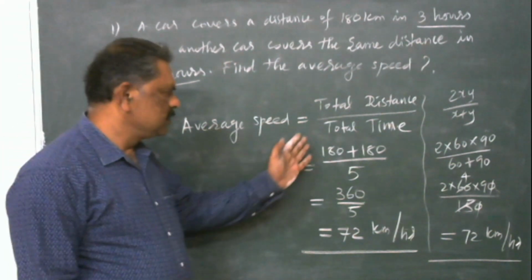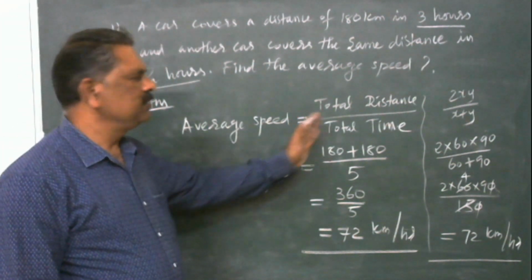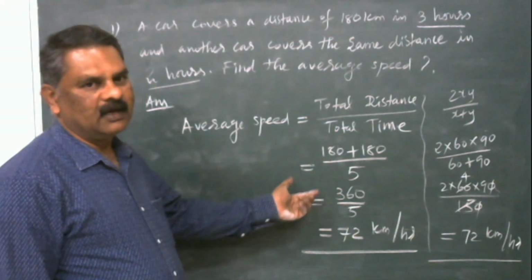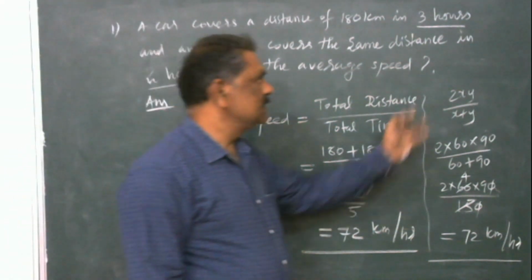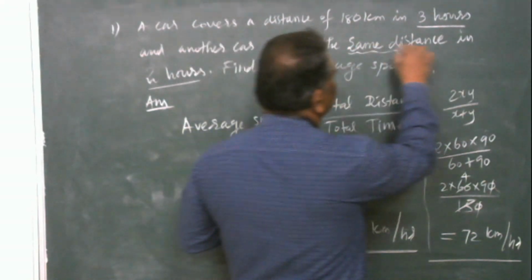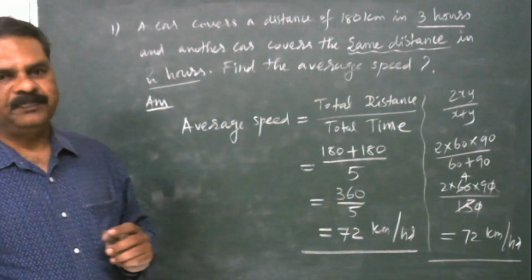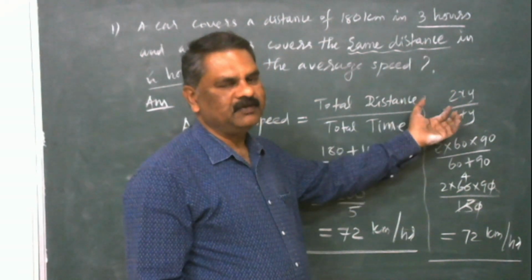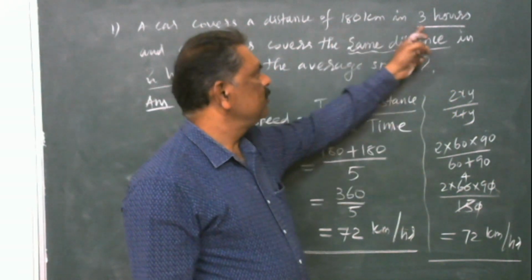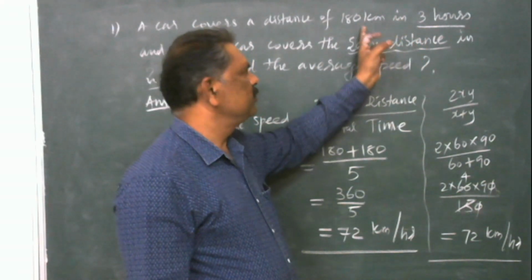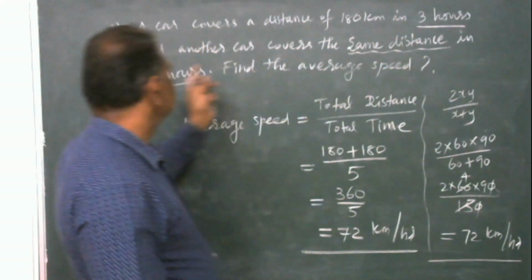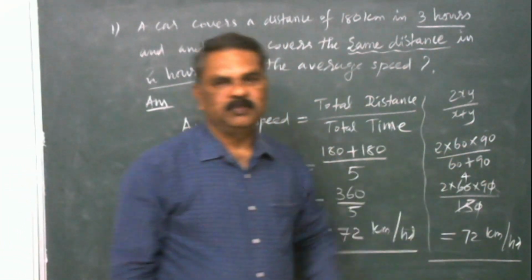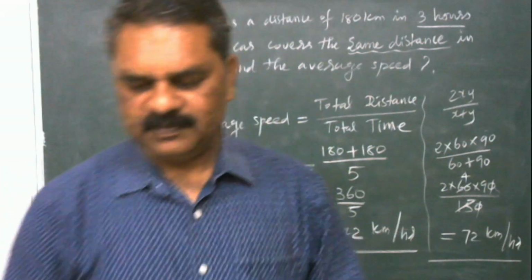So you can use the first formula, total distance covered divided by total time taken, very easy. Or you can use the second one, because the distance covered is the same, just by finding the speeds, 180 km in 3 hours is 60 km per hour, 180 km in 2 hours is 90 km per hour, and you will get the same answer.